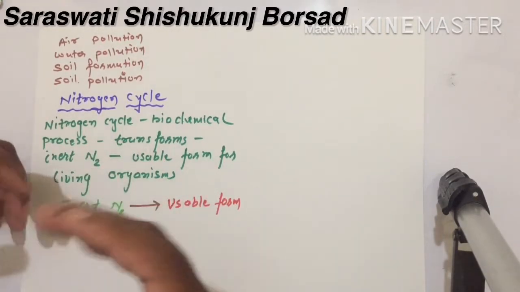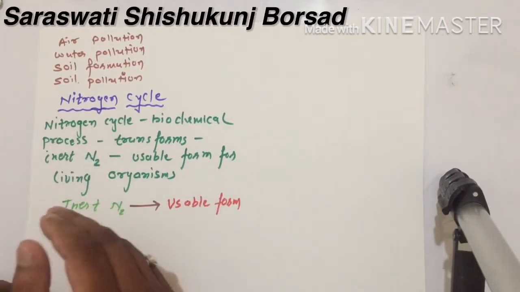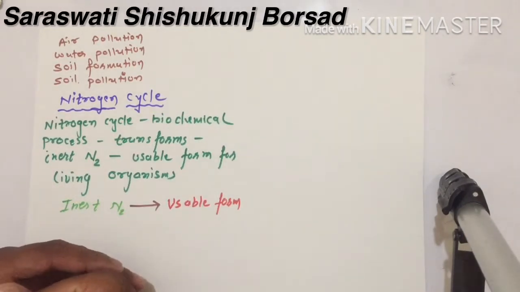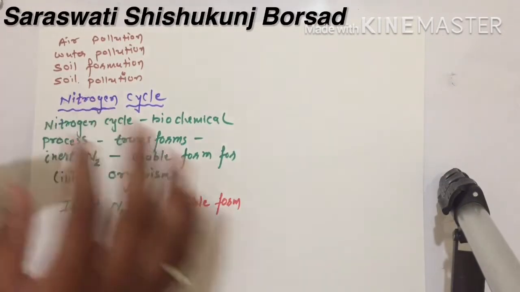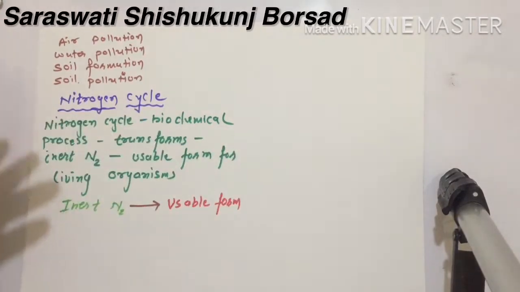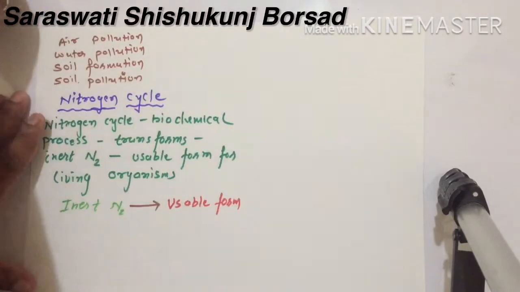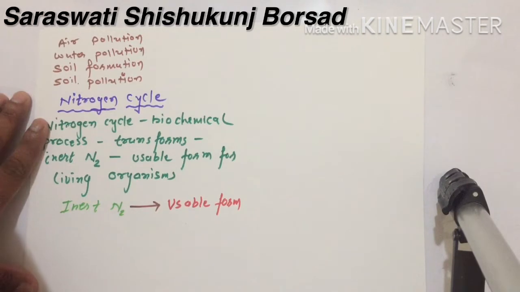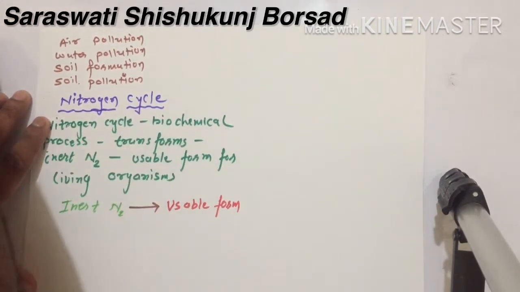As we study those stages, we will know how this inert nitrogen, which is not directly usable for organisms, is converted into usable forms. So let's start. First of all, what is the importance and what is this nitrogen cycle? It's a biochemical process which is done in different steps.